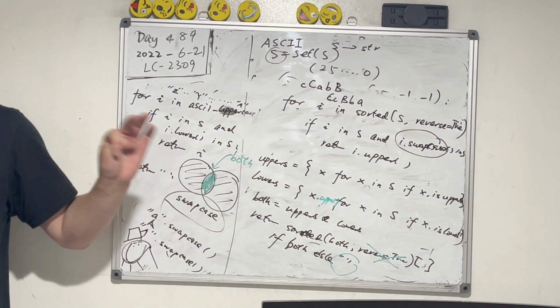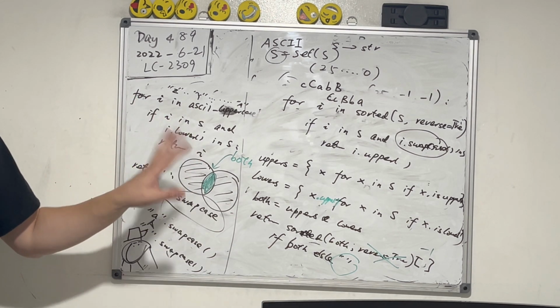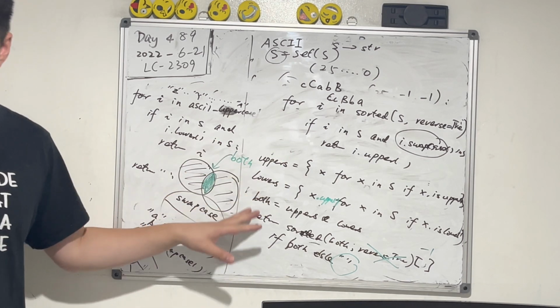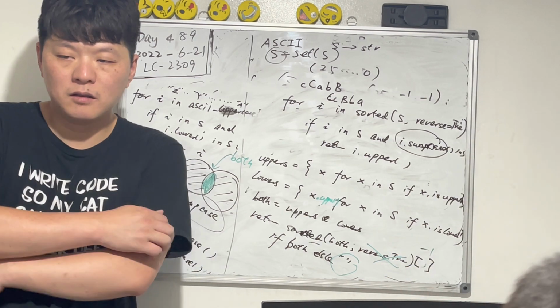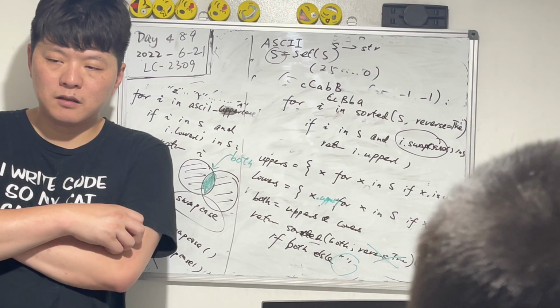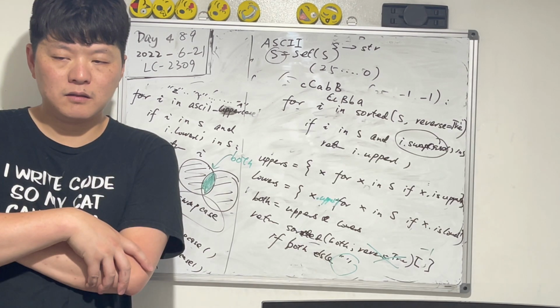I have talked about four solutions today, four implementations basically. The first two are actually the same. The third one is slightly different. The fourth one is based on a set. And we sort it from Z to A because we want to find the greatest letter.